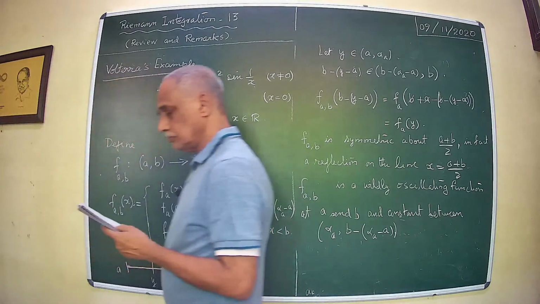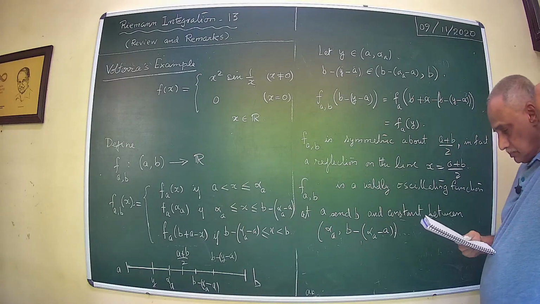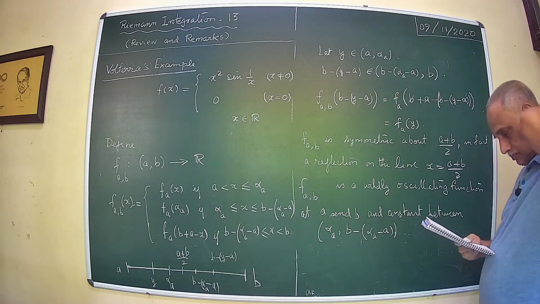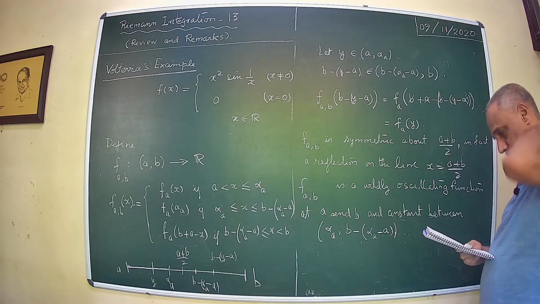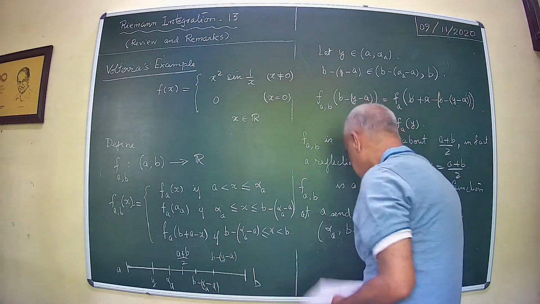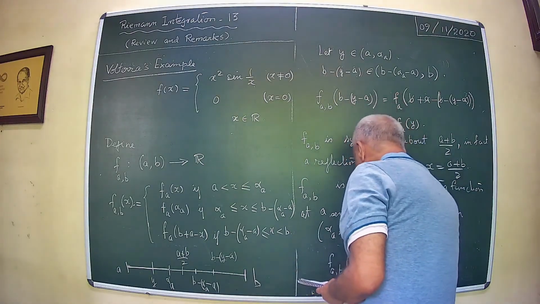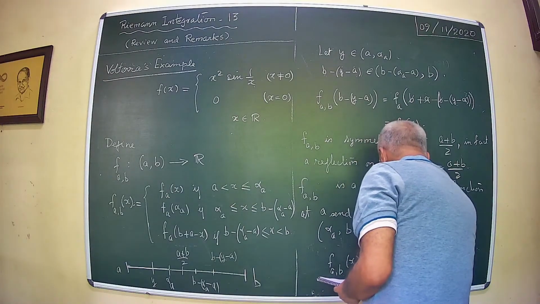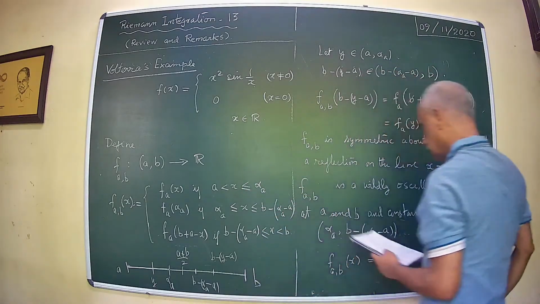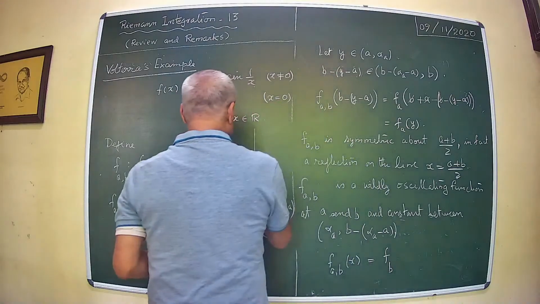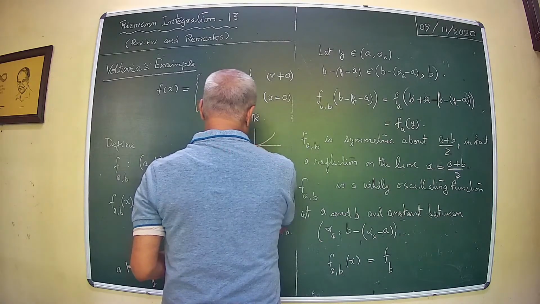Now we also observe that f_ab(x) is equal to f(b). We start with b, around the point b, and then it oscillates. Because you see that upfront you have this defined here as well as defined on this side.